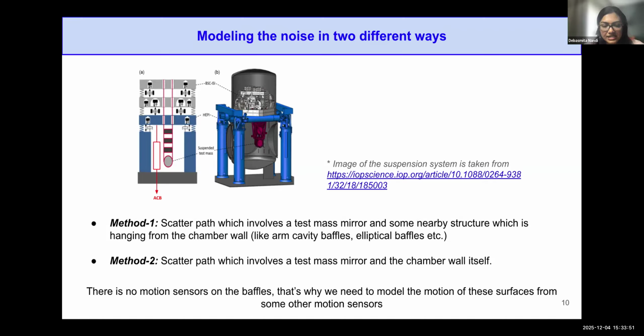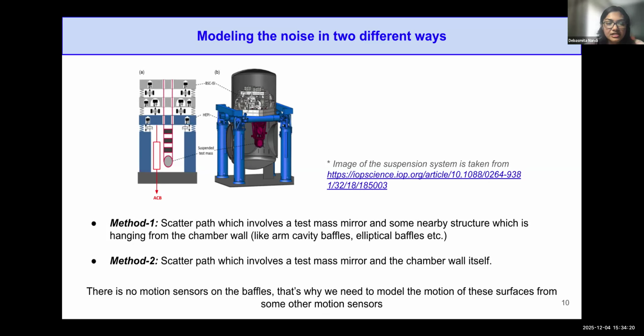This is the first stage of seismic isolation that isolates the mirror from the ground motion. All the test mass mirrors are suspended from seismic isolation platforms which are attached to this HEPI. You can see here two stages of seismic isolation. We call these stages ISI, or internal seismic isolation. And from the second stage of ISI, the test mass mirror hangs as a quadruple pendulum.